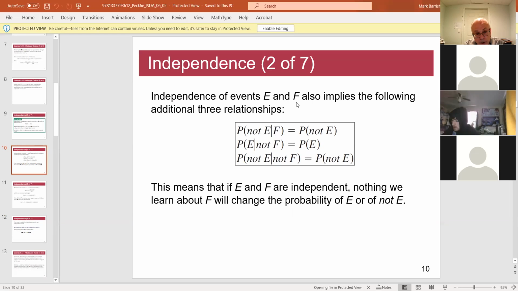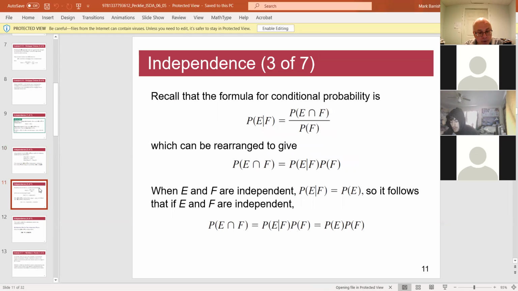If E and F are independent, then not E and F are independent, not F and E are independent, and not E and not F are independent. Sounds kind of funny to say that, but that's what it means. It'll come in handy when we do some problem solving with independence.